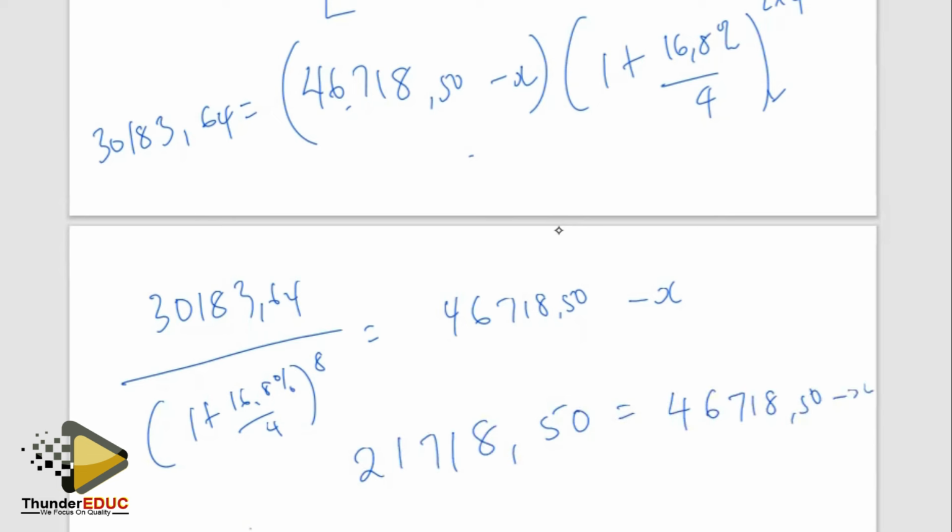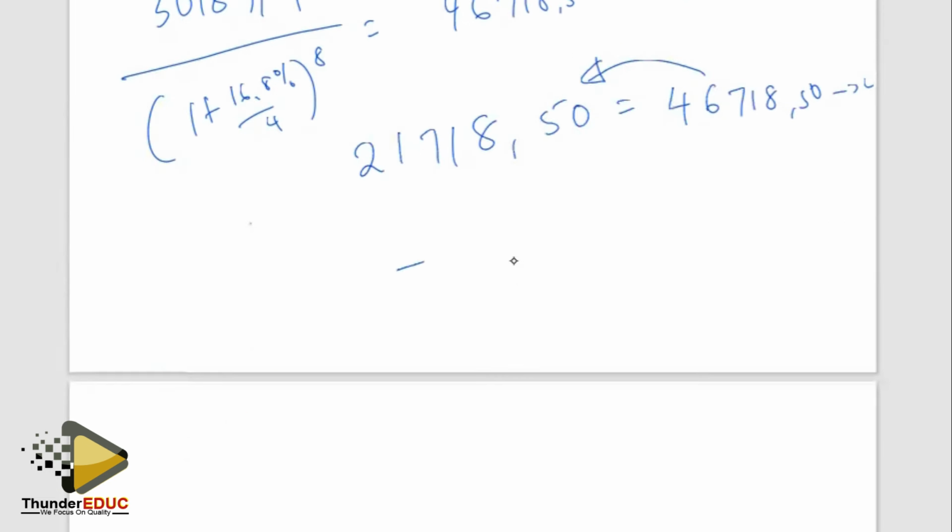When I move this one that side, it's going to be subtraction, 46,718.50. So I'm ending up with a negative 24,999. But then why am I having that? Because that will cancel out the 21,718.50 and 46,718.50.